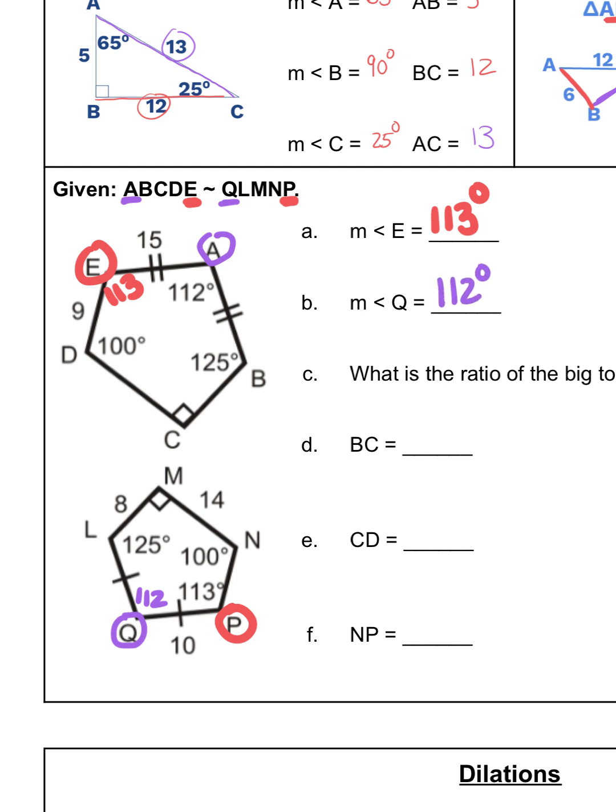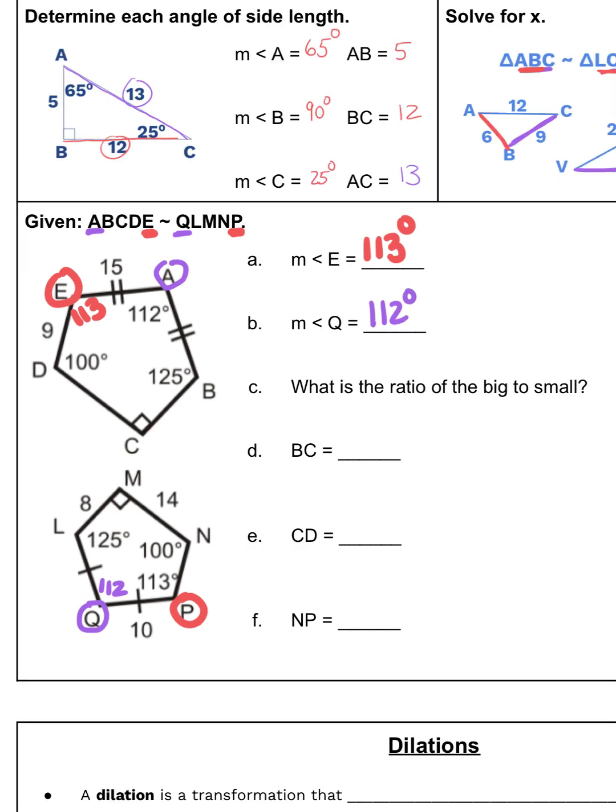Okay, so just using the corresponding order. Angle E corresponds with angle P. Those have to be the same, and angle Q corresponds with A. Now, to find the ratio of the big to the small, we need to find a pair of corresponding sides.